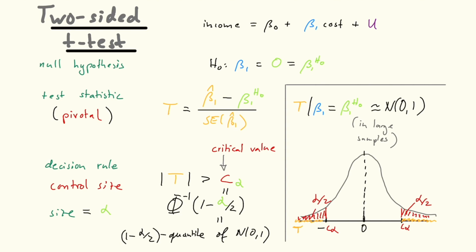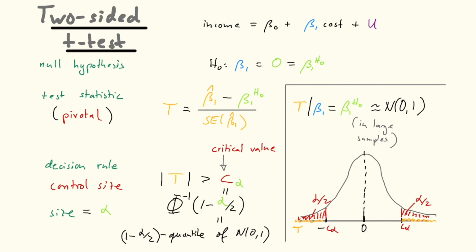A researcher who chooses a small value of alpha will face a smaller probability of type 1 error, but will also have a test that in general rejects less often, that is more conservative. That means the test is less powerful. These are all the decisions that we as researchers have to make before we can apply the two-sided t-test.